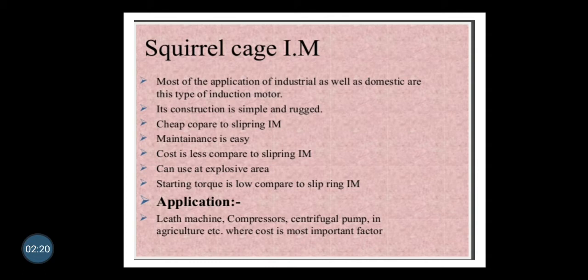The cost of this type of induction motor is less, and it can be used in an explosive area. And the starting torque of this type of induction motor is low as compared to the slip ring induction motor.